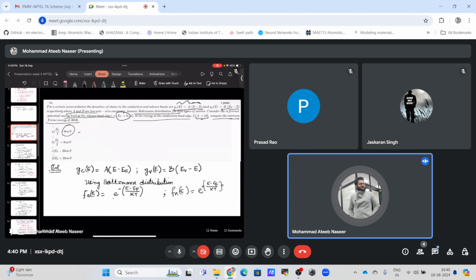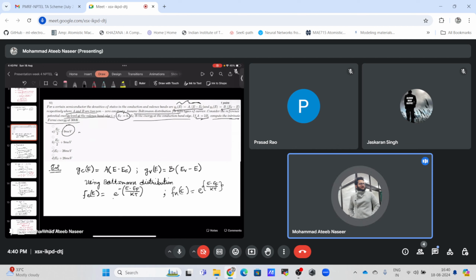In this problem, we found the electron concentration and the hole concentration. We were told to find the concentration using the Boltzmann approximation, the Boltzmann distribution, and we saw that E minus EF has to be much greater than kT for this approximation to hold.